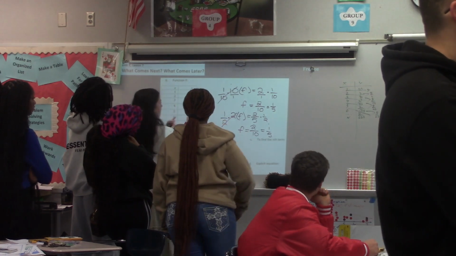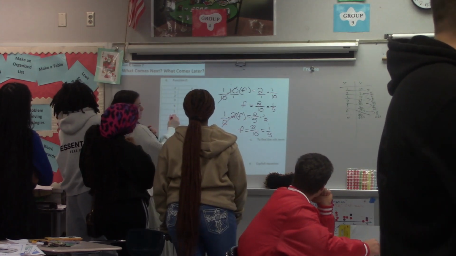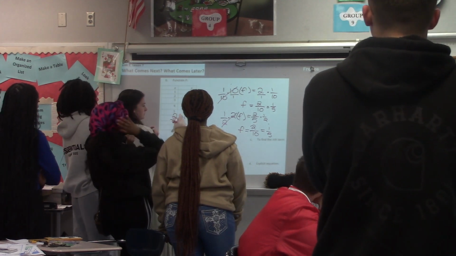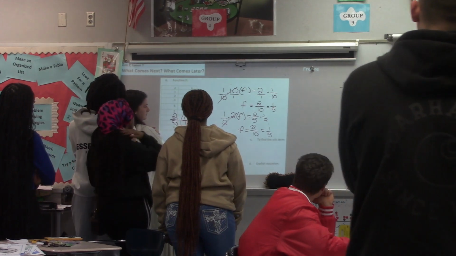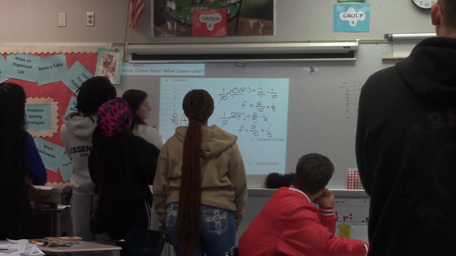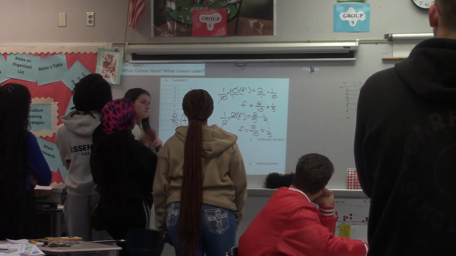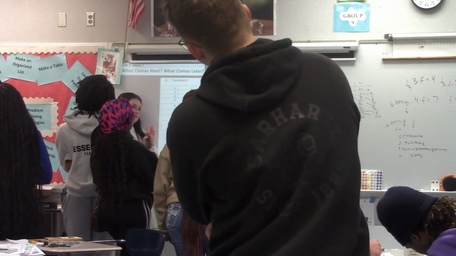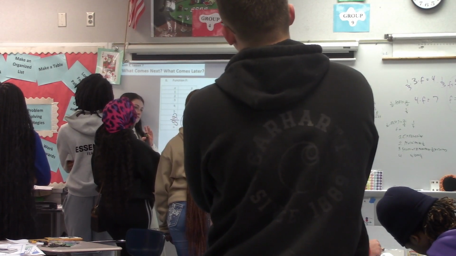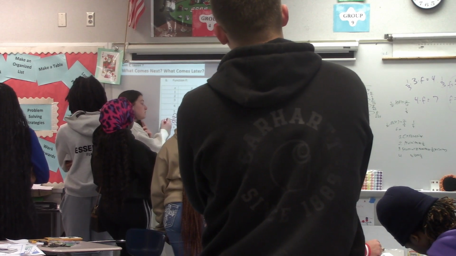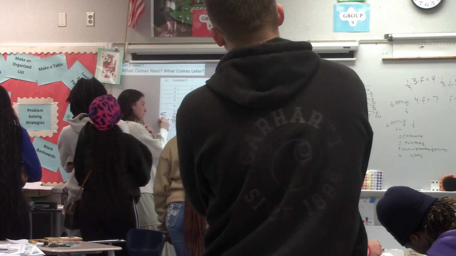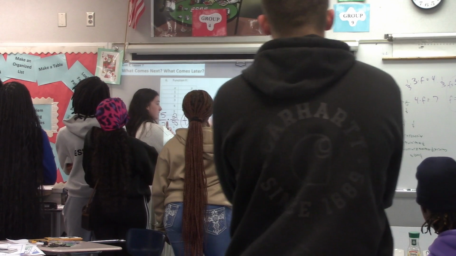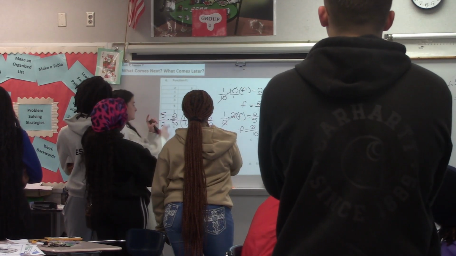So we have now 2 fifths times F equals 2 25ths, okay? When you first look at this, how do you want to get rid of 2 fifths? 5 over 2. You want to multiply by 5 over 2 to both sides. That is your reciprocal, right? Because, what's 5 times 2?